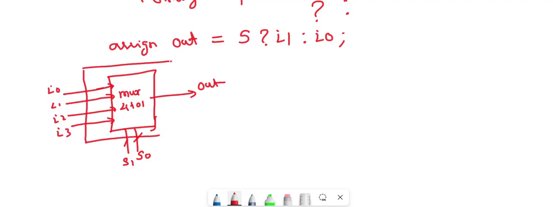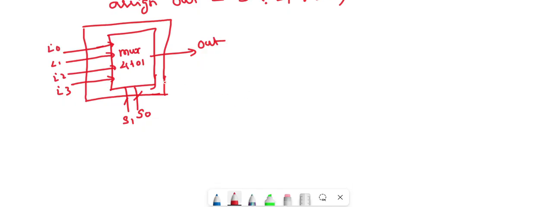I always ask you to draw the black box, which helps to write the top level model with the proper IO specifications. You can specify all the inputs and outputs. For the 4:1 mux, first what is the truth table?